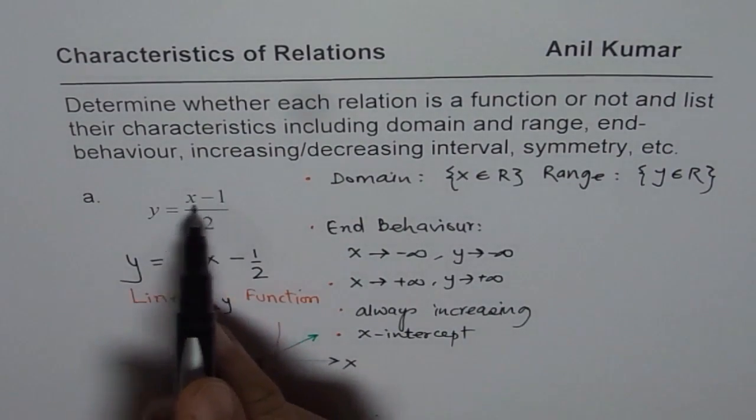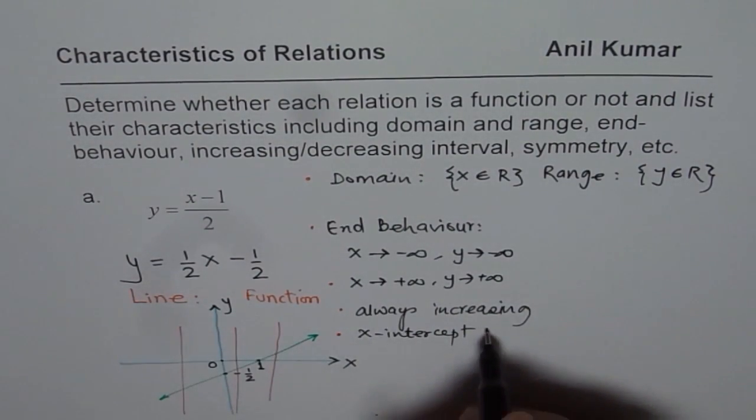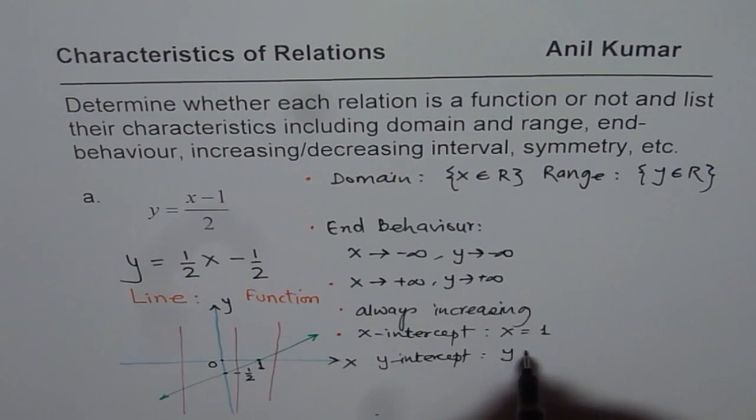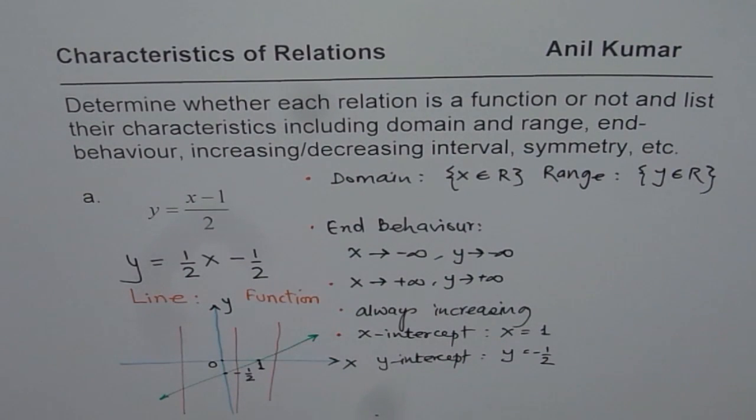At that time x is 1. So the x-intercept is x equals 1, and the y-intercept is at y equals minus half. So these are a few characteristics which we can say about the given function. I hope that helps.